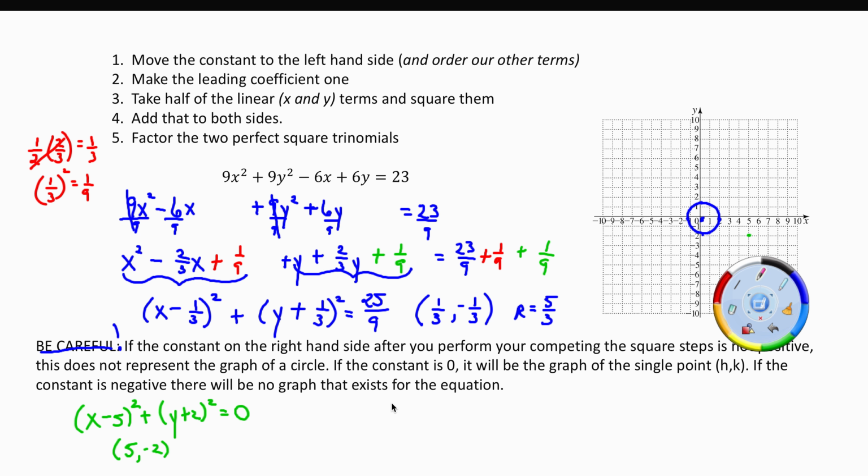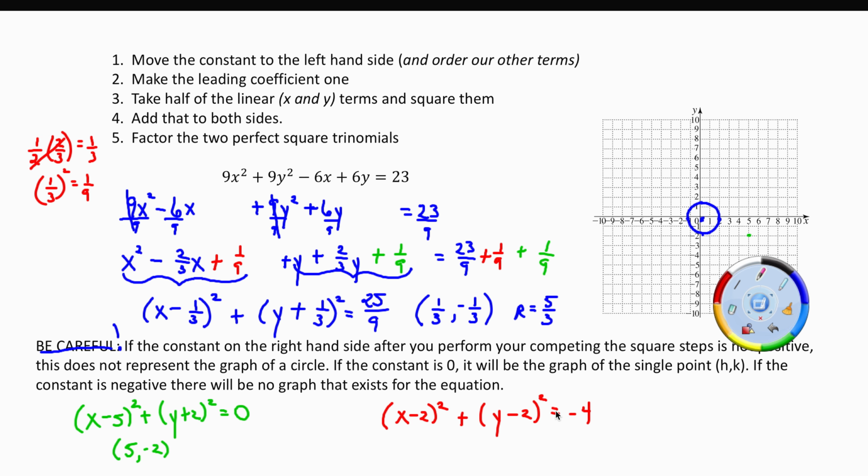If you wind up with a negative on the right-hand side of your equation, there is no graph that exists for this equation. Don't say it's the point or a center with a radius of, what would that be if I took the square root of it, an imaginary number.